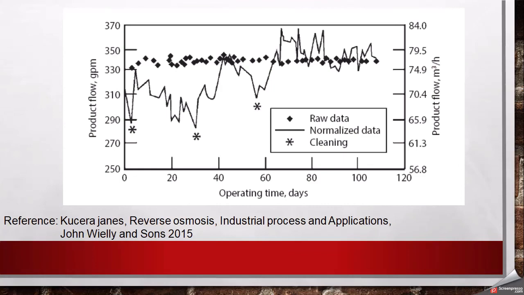But normalization of the data is very important and tells the real picture of the reverse osmosis. This applies not only in reverse osmosis but in other processes where different variables affect each other. We need normalization of data, and it is a very important aspect of reverse osmosis performance.